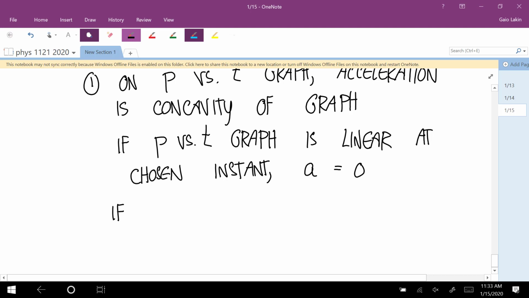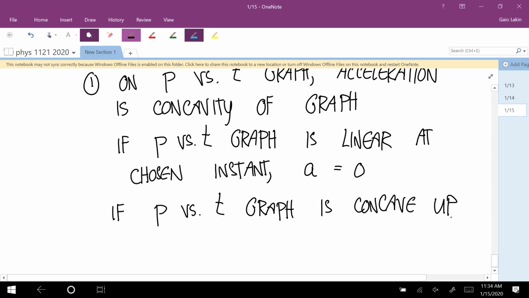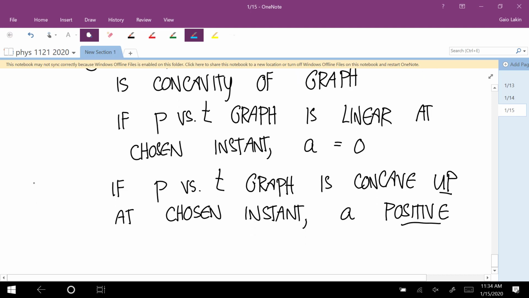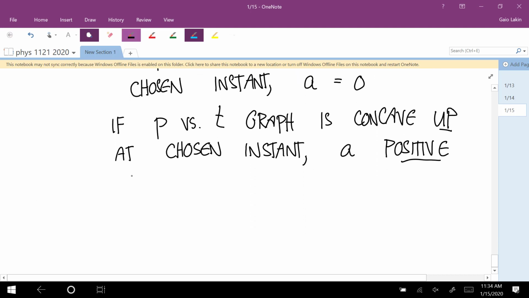If the position versus time graph is concave up at the chosen instant, then a is positive. So that's if you're talking about something like that.